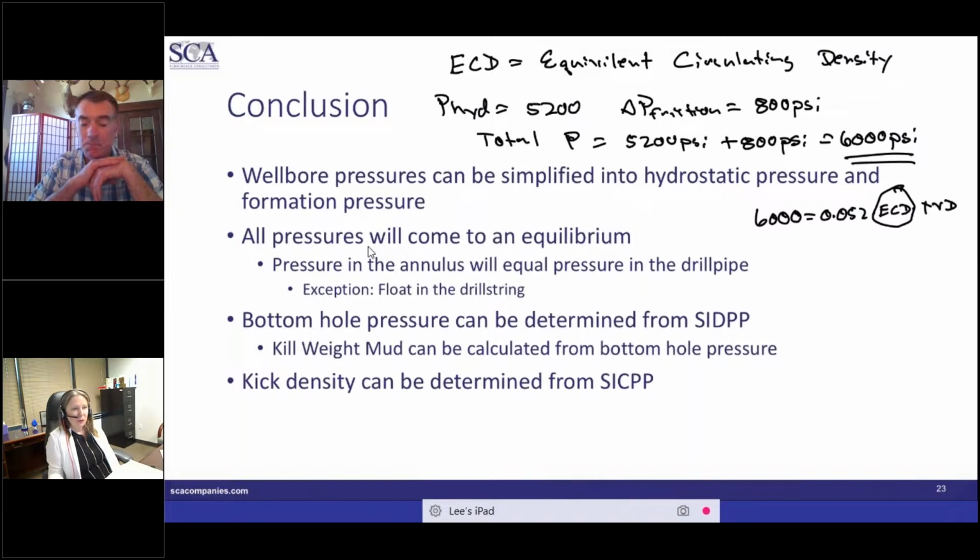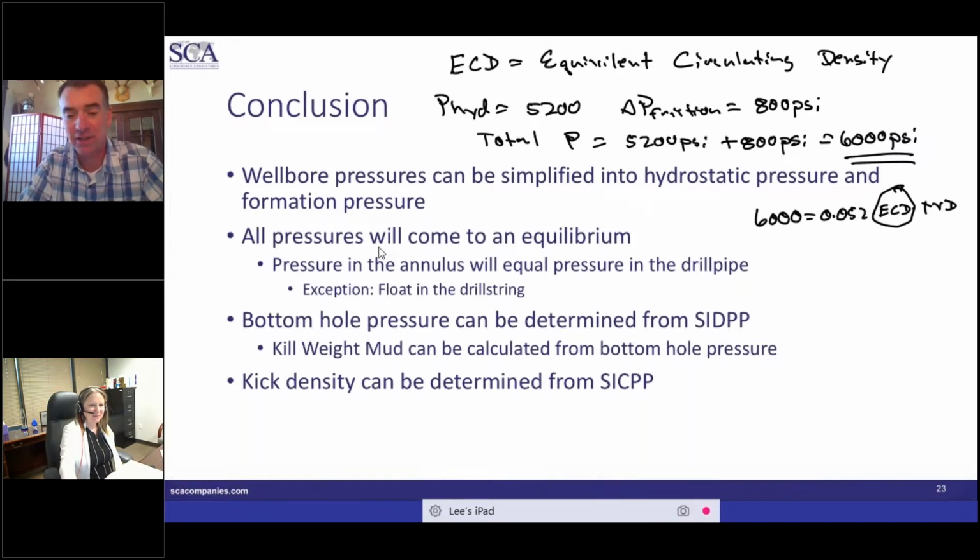Next question, how frequently do kicks occur? Hopefully never. That's all of our goal. So that's another part of the class. I mean, we talk about handling the kick. Of course, that's a big part of a well control class, is what do we do when we take a kick? But really the most important part of the well control class is what do we do to avoid a kick?